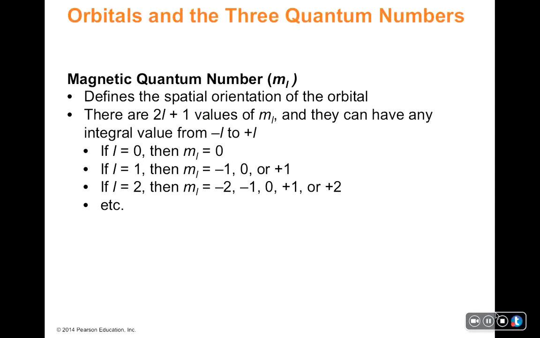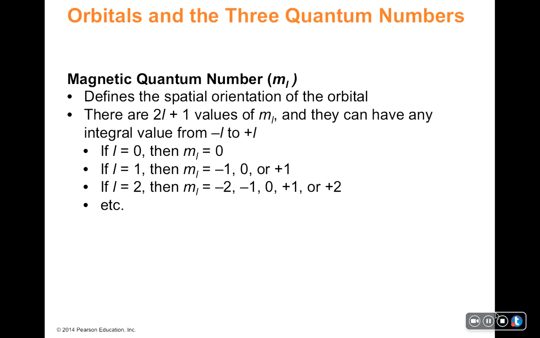The third quantum number is the magnetic quantum number, symbolized M with a subscript L. This defines the spatial orientation, so where it lies, for example, along an axis. And there are 2L plus 1 values for this. And they can have any integral value from -L to +L.